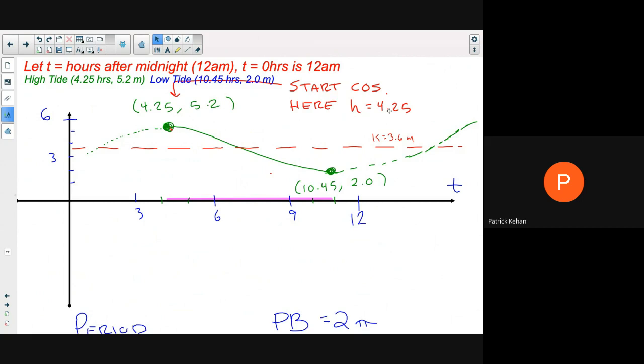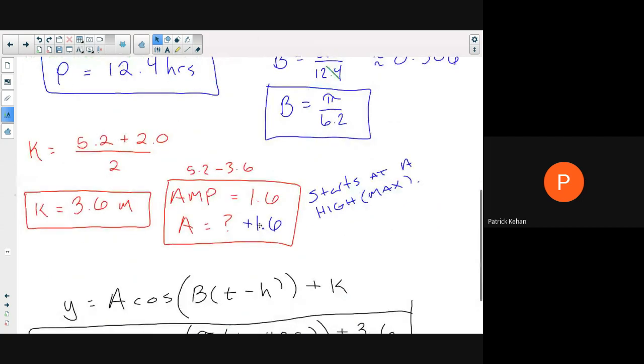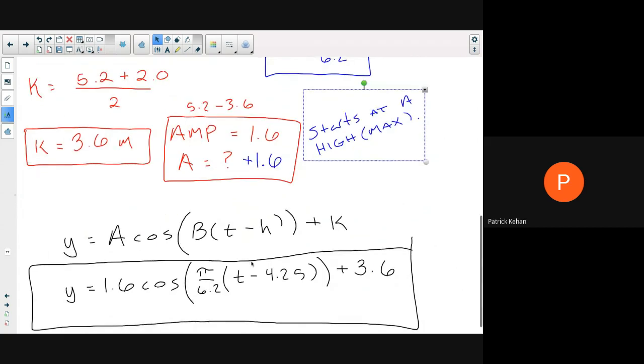And now that I know that I'm working with a cosine function in the standard position, I'm going to define my A value as positive, right? So now I can go down here and safely say I'm going to make A positive 1.6. I'm going to start my cosine function at a maximum value, and then I need to just generate my function here.